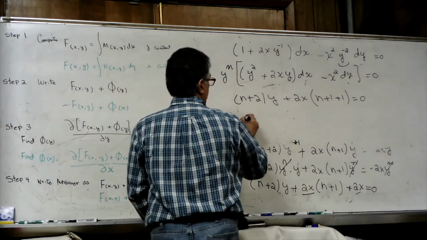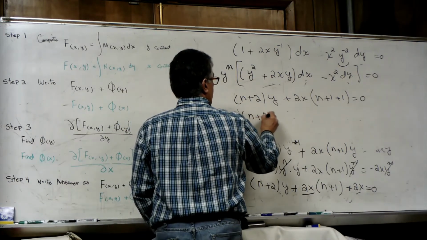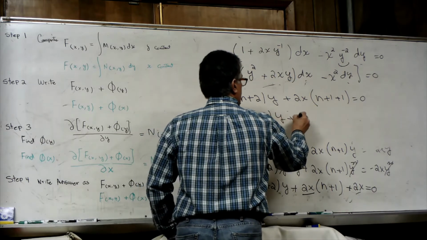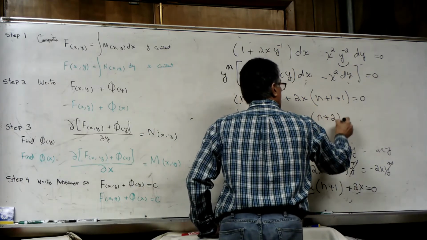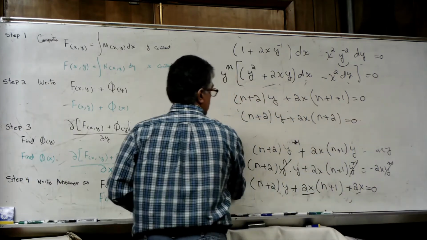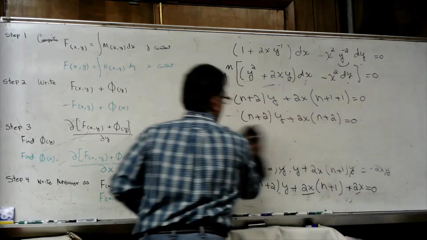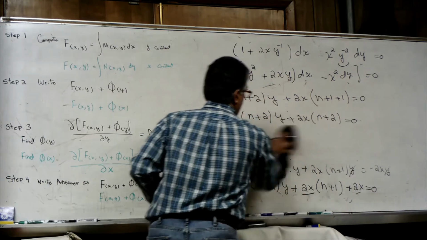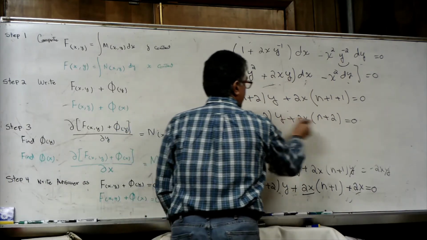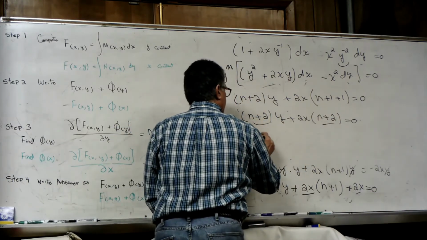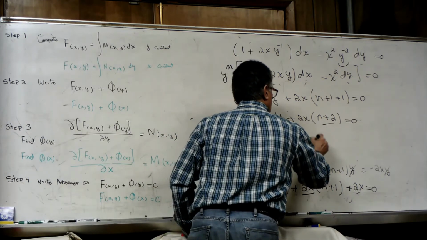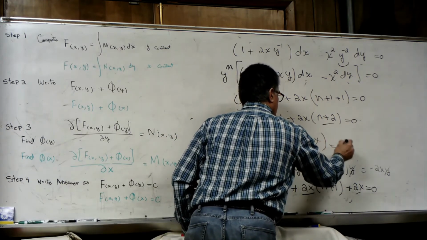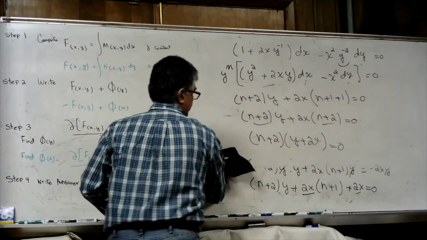So this is going to be n plus 2 y plus 2x multiplied by n plus 2 equal to 0. If we factor out n plus 2, we are going to have n plus 2 multiplied by y plus 2x equal to 0.